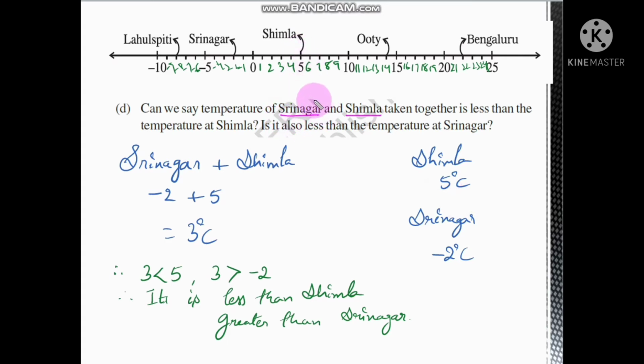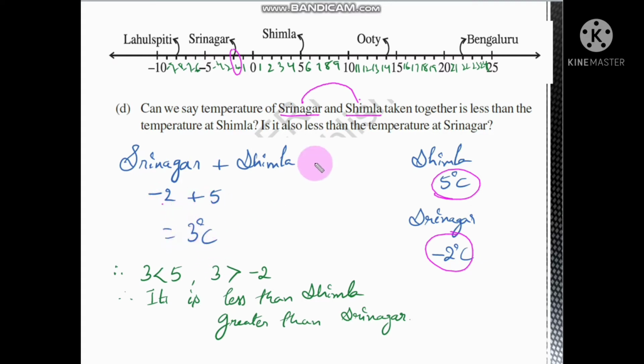And the temperature at Srinagar is minus 2 degrees centigrade. They are asking us to find the temperature taken together at Srinagar and Shimla. That means we must add these temperatures. So the temperature at Srinagar is minus 2 and at Shimla is 5 degrees centigrade. So minus 2 plus 5 we get 3 degrees centigrade.